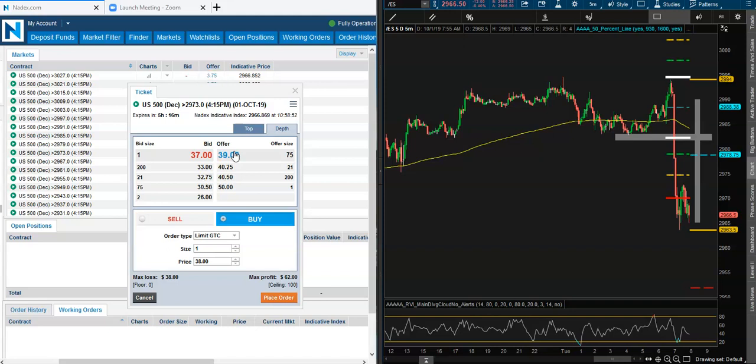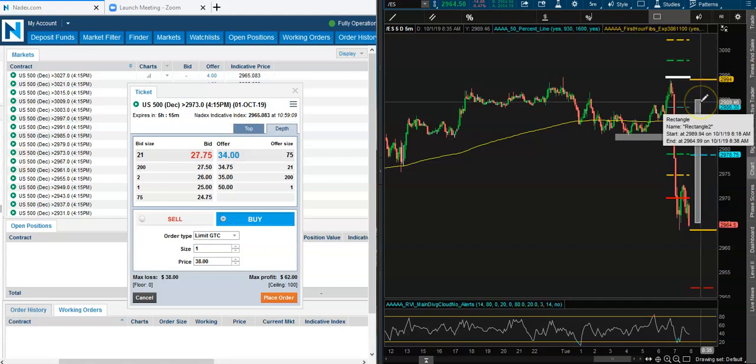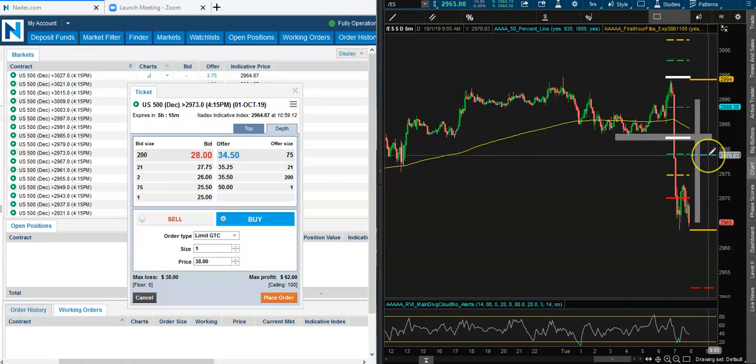Correct. You sell it because your whole risk reward changes, because now your risk reward is you can only make $10 more, but you could lose 90 now. You could give up all your profits plus your 38, because who knows what's going to happen in the last hour of trade.